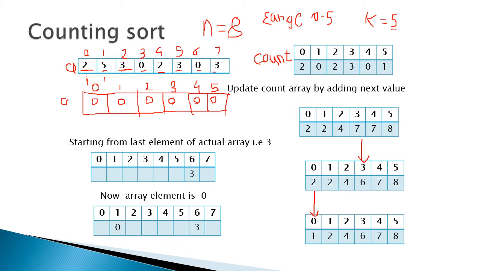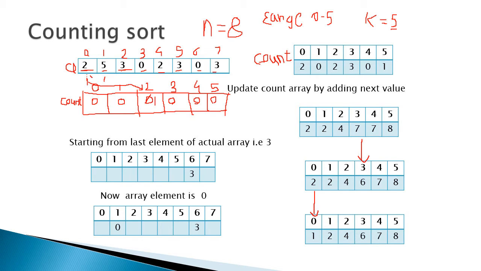This is our count array. Okay, 2. Then go to index number 2 and increment that 0 by 1, that is 1.